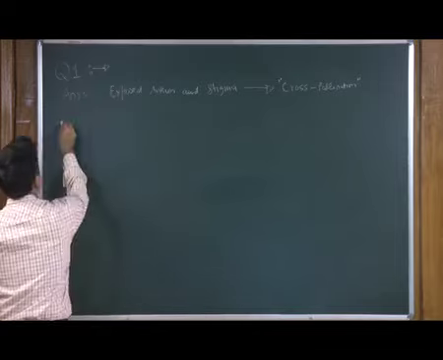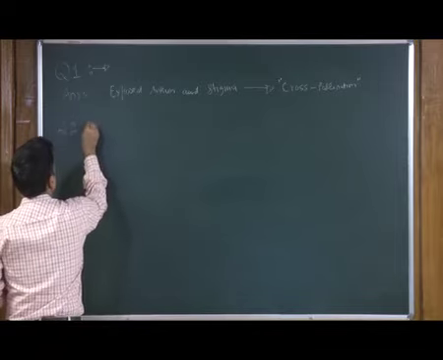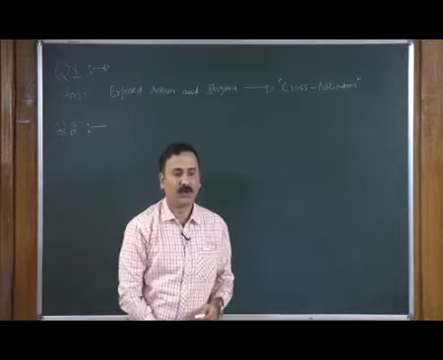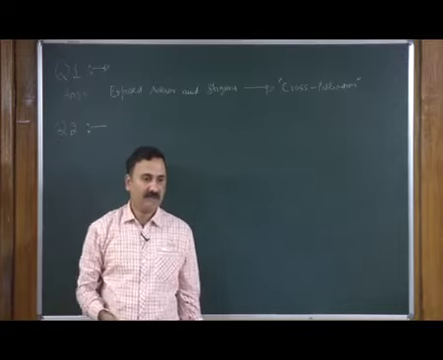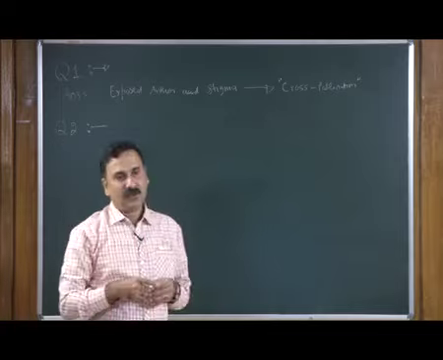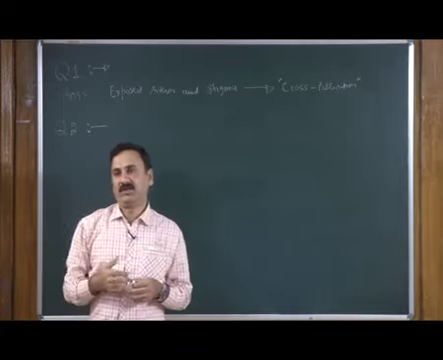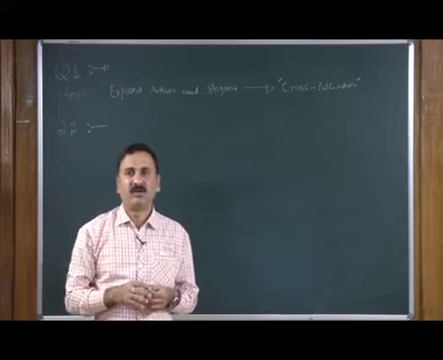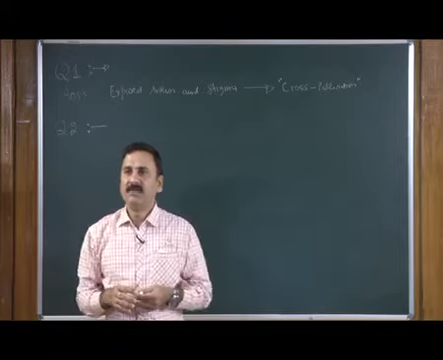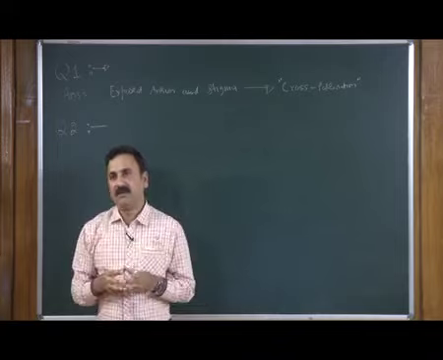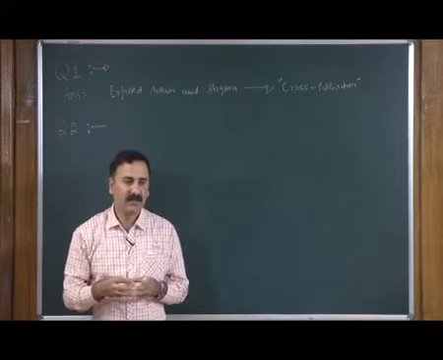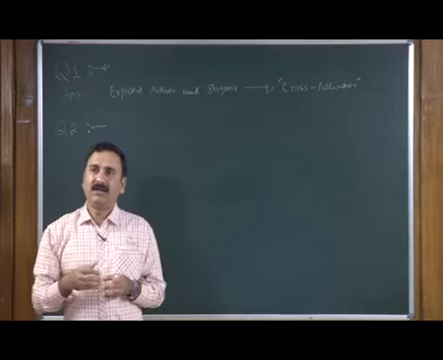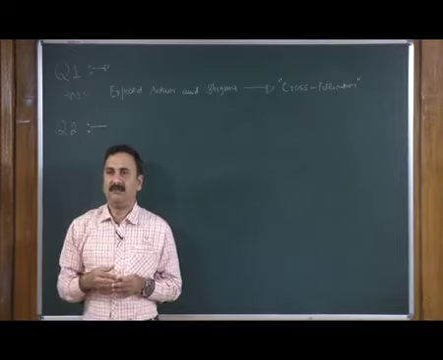Question 2 asks: is cross pollination possible in a cleistogamous flower? If you remember our previous lecture, we discussed the cleistogamous flower. These are flowers which remain closed, and in the closed condition itself the anther as well as the stigma are matured.